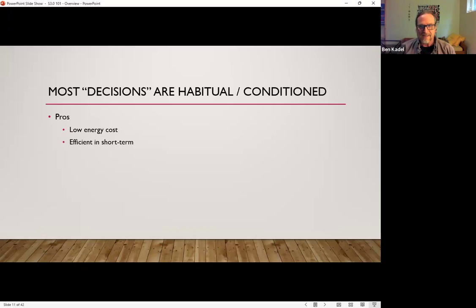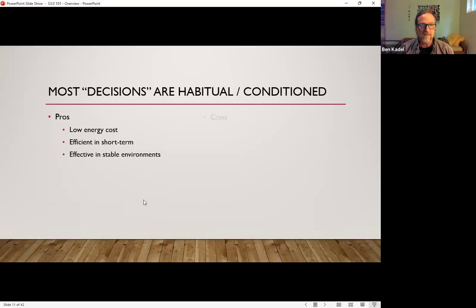It takes a lot of energy to think critically and make a clear decision, and going with the habit, going with the flow, is just an easier way of working. In the short term, it's usually quite efficient. You don't have to spend a lot of energy to get to the decision.